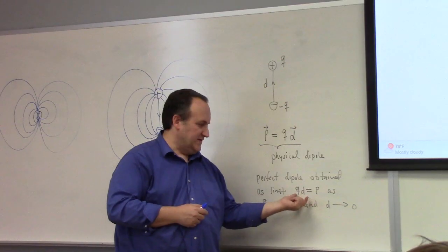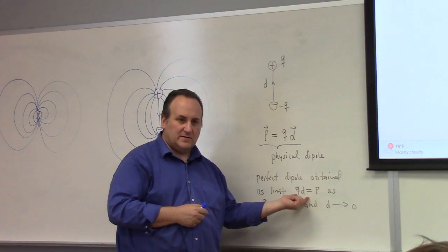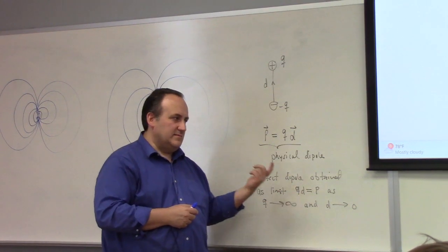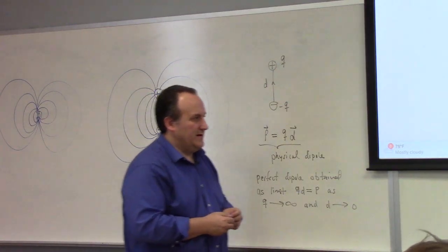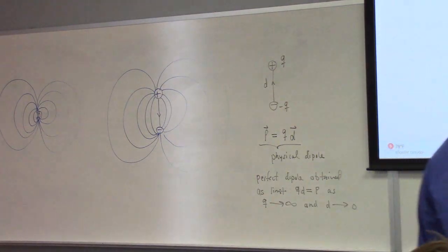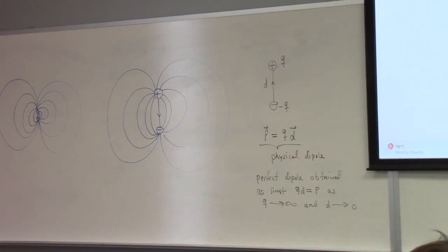You don't have access to the q's that are separated. I don't know if that's a satisfying answer or not. This always bugged me when I was in the course. What on earth is a dipole? I always had intuition for a monopole, but dipole was a little bit mysterious. But it's just the next step in the story of the multipole expansion.